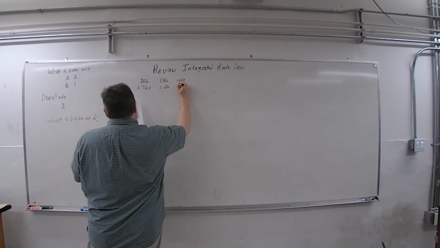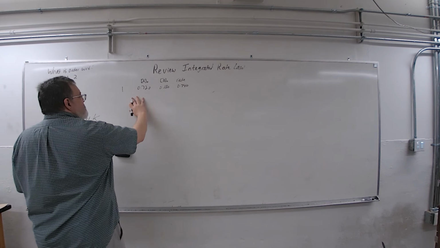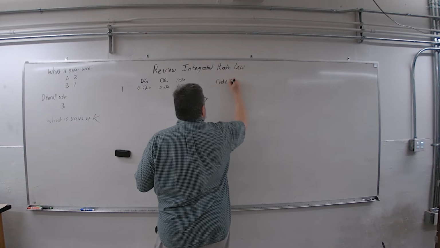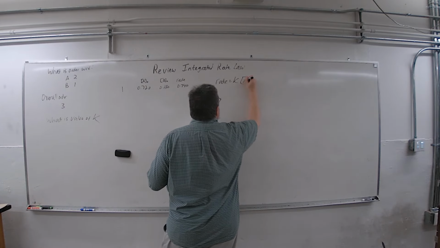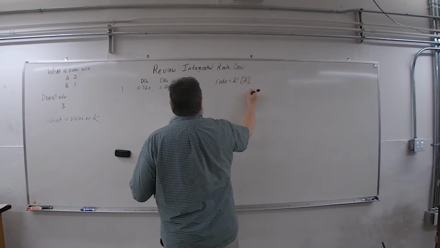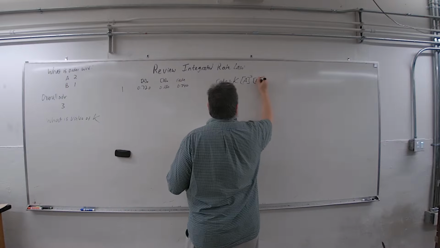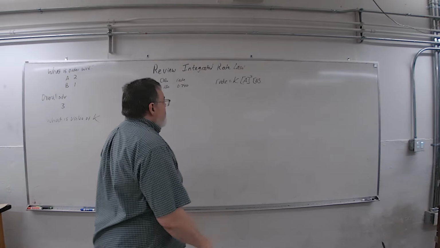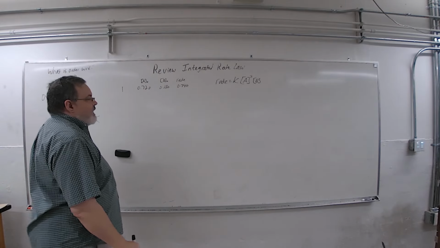And the rate. So I'm going to use those values to plug in. A is 2, B is 1, I could just leave the 1 off. And we just plug it in and we find k.